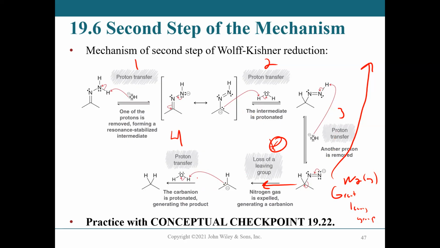We have our carbanion right here, and it wants to be protonated. So we're going to have a proton transfer from water, and we form our alkane. So the yields, because of the nitrogen gas loss, are usually very good. I'm just going to leave that up there so you can take a look at it.